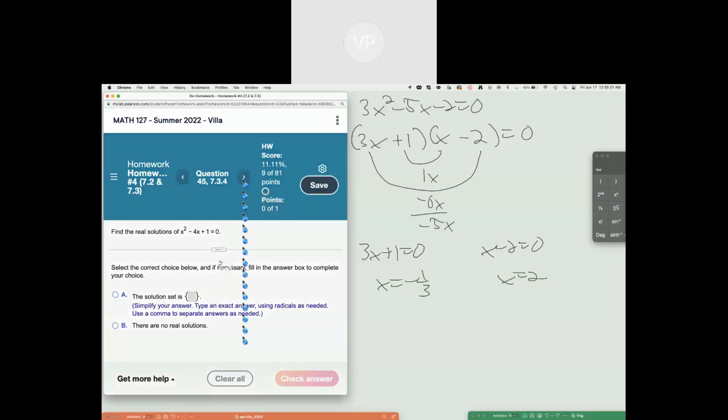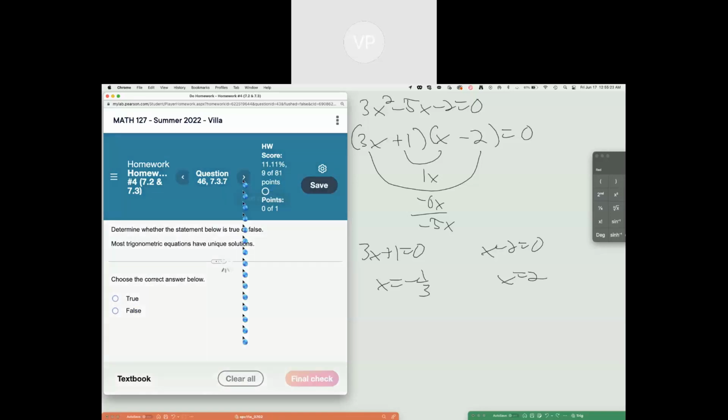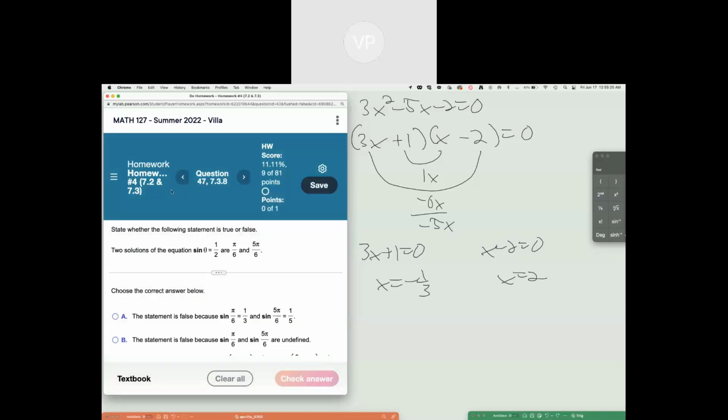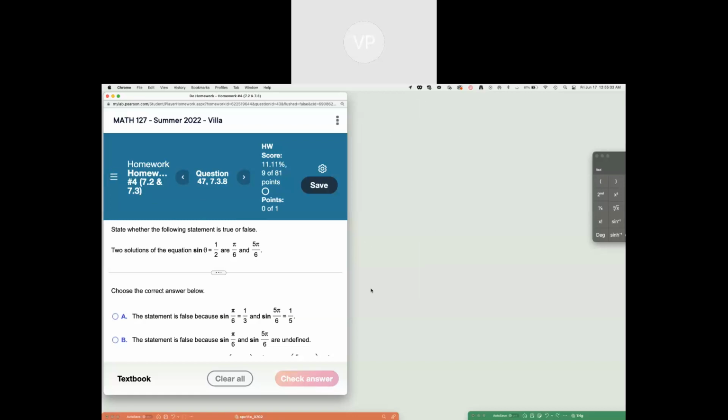So let's look at number 47. All right, on this one, state whether the following statement is true or false. So we have sine of theta equals a half.